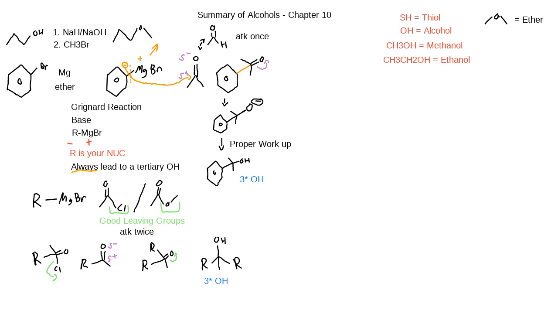So MgBr can also, let me zoom in a little bit. Okay, I'm going to use the right side. So let's say you have this structure, and you have MgBr here. Okay. Now let's say that is attacking an epoxide.